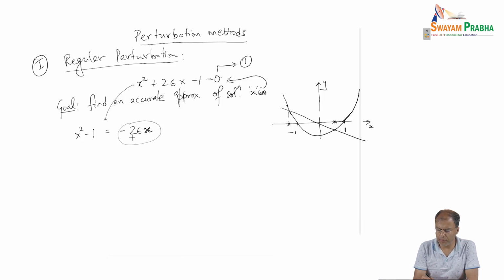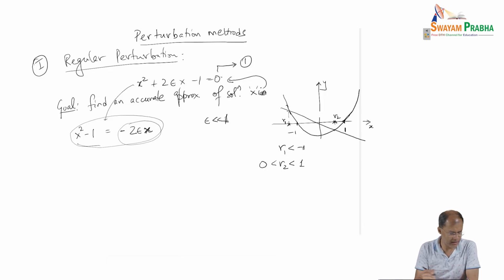So given this slope of -2 epsilon, we see that there are two roots, R1 and R2. We see that the R1 root will be less than -1, right? So this is my R1, and we will see that R2 will be less than 1, and so this is my R2, and of course it is greater than 0, right? We are treating epsilon to be a very small parameter here.